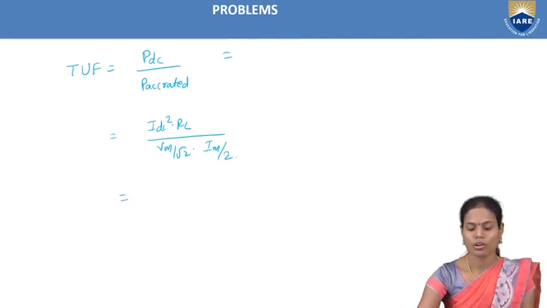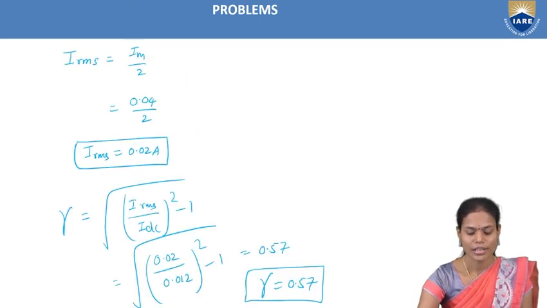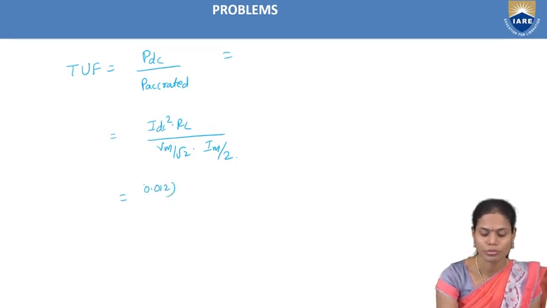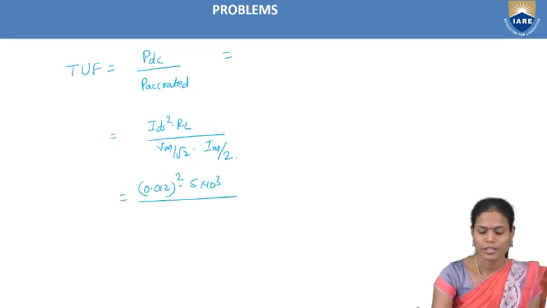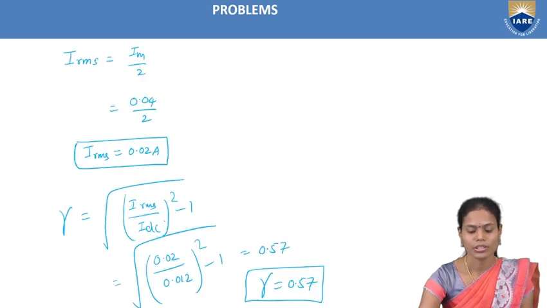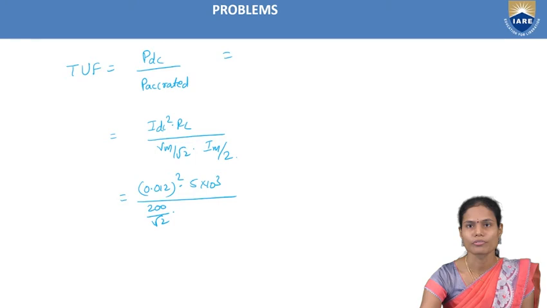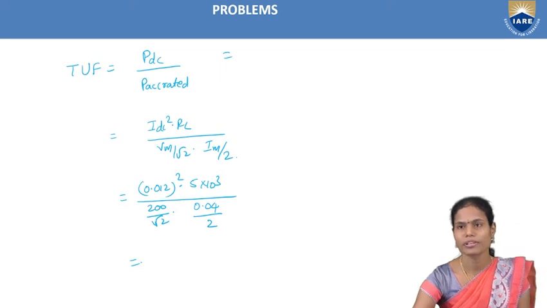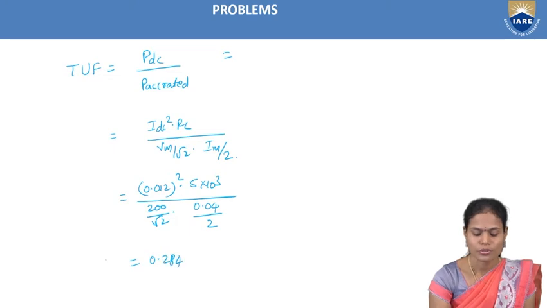If we substitute all these values here, IDC value is 0.012 whole square into load resistance 5 kilo ohms, that is 5 into 10 power 3, divided by Vm value 200 divided by root 2 into the Im value we got here, 0.04, divided by 2. After simplification, we will get 0.284. So the transformer utilization factor is 0.284.